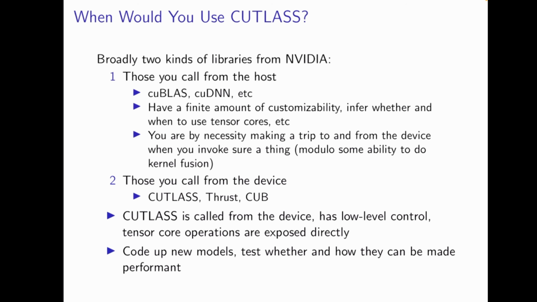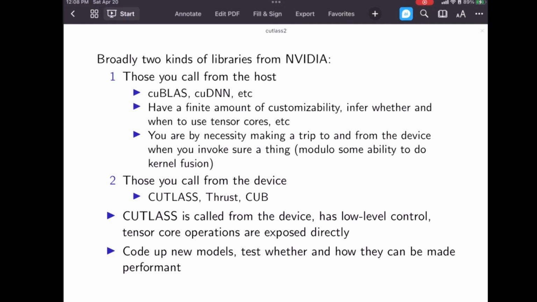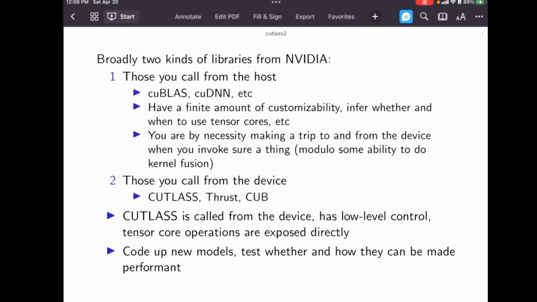So this is a good place to start, or to get expertise in, for people that want to play that role on a machine learning team of: okay, I'm the person that's going to make this kernel. I'm going to come back and say the reason this is not fast yet is this, and if we wanted to change it, we would have to do this. This is going to let you get your hands on the levers very directly.